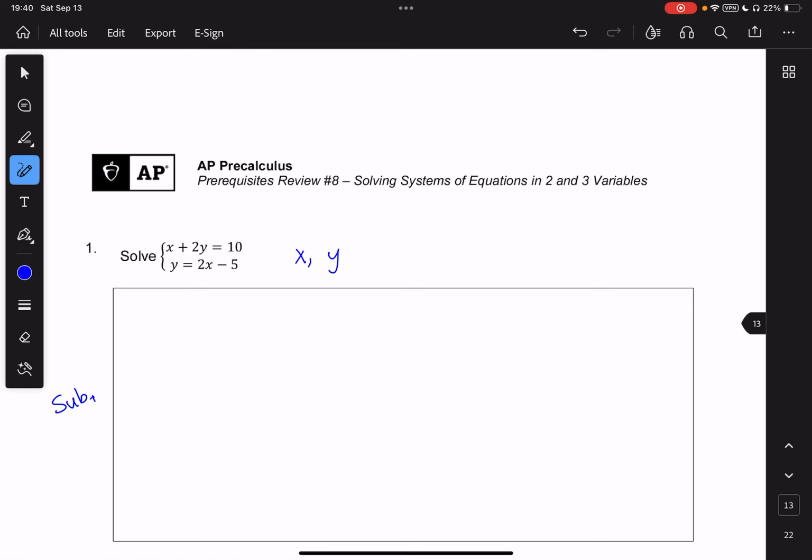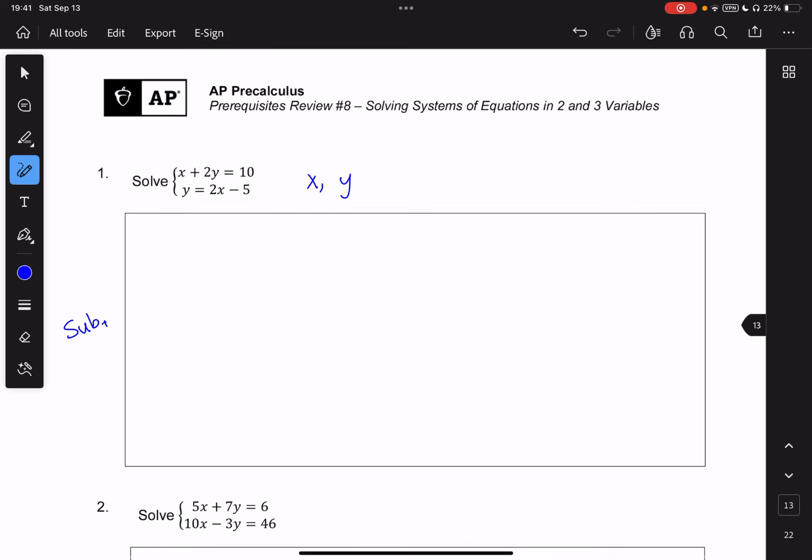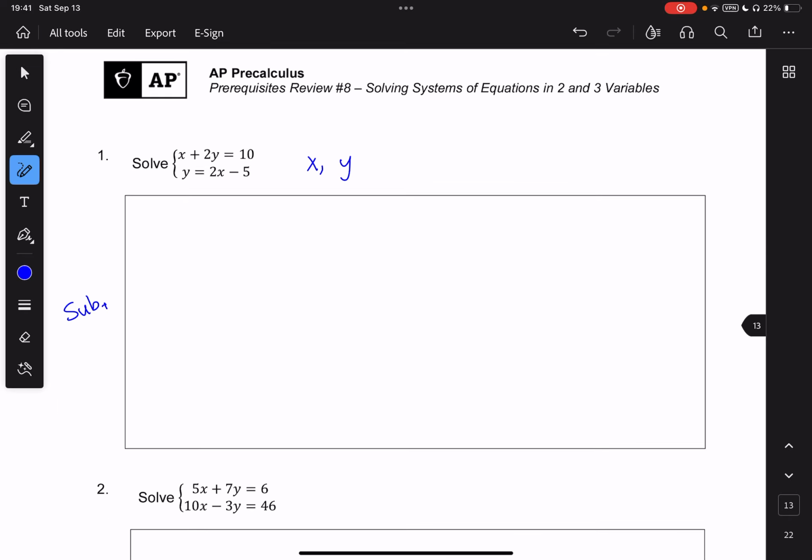So with substitution, what that means is we're going to substitute one of our values into the other equation. So we see how this one's y equals this. So every time we see y in our other equation, we're going to substitute it in. So this is what it looks like. So we're going to start with our equation, x plus 2y is equal to 10.